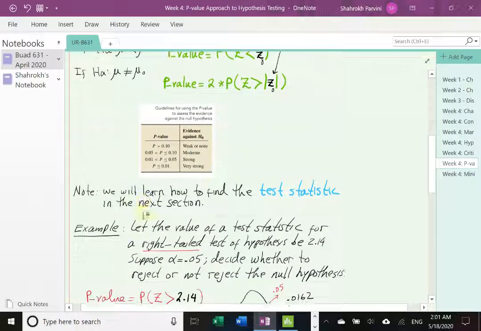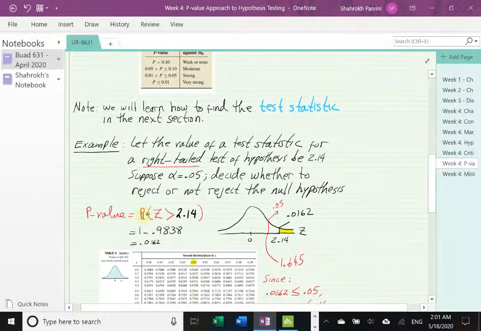Now, let's take a look at an example with p-value. Again, don't worry about these. I'm just showing you how those formulas work. You don't have to do this. Minitab will do this for select problems. In this example, let the value of the test statistic for the right tail test of hypothesis be 2.14. So this is what we actually observed. Suppose alpha is 0.5. We want to decide whether to reject or not reject a null.